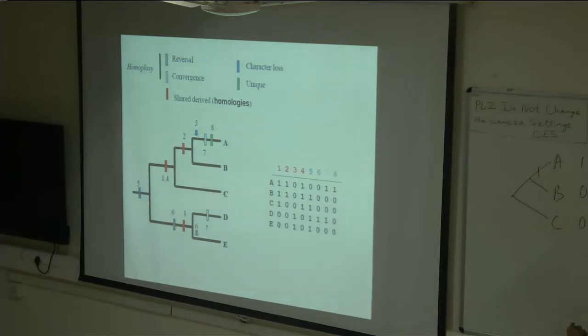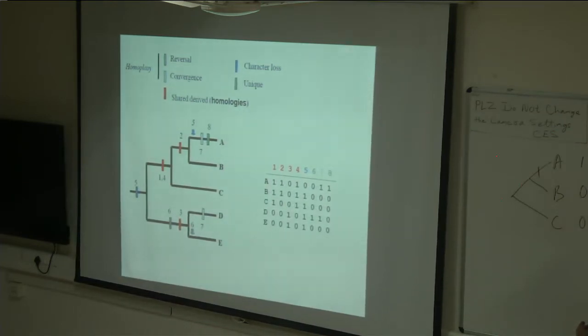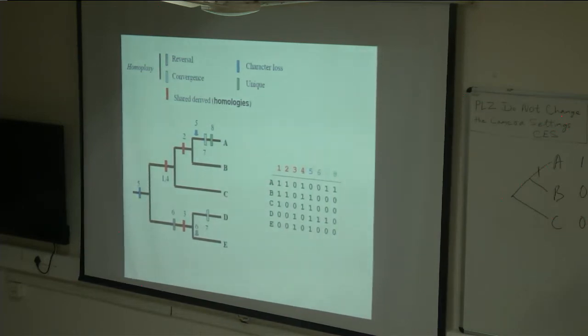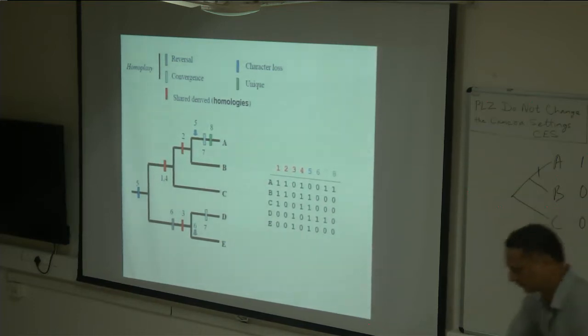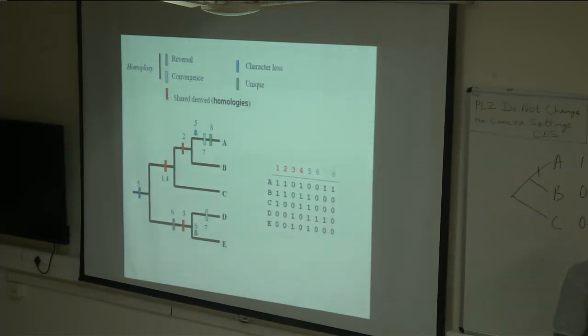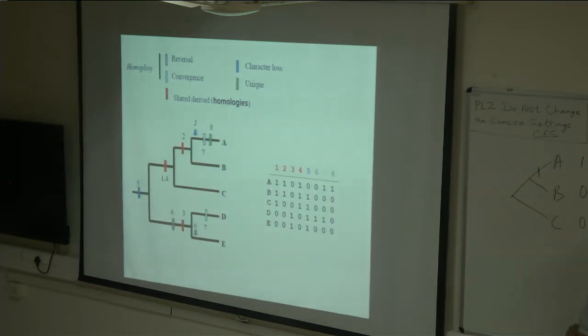Again, if you change the topology, is there one more topology possible? A, BC as a clade. The third possibility is this.